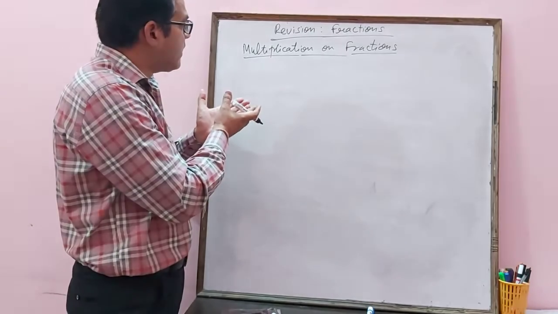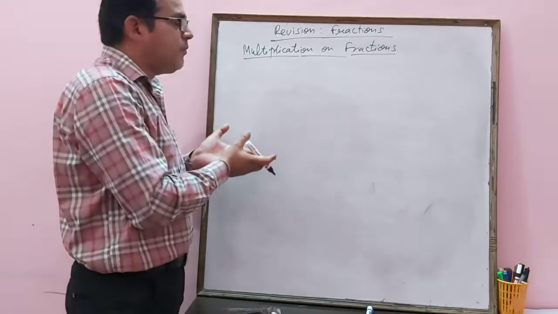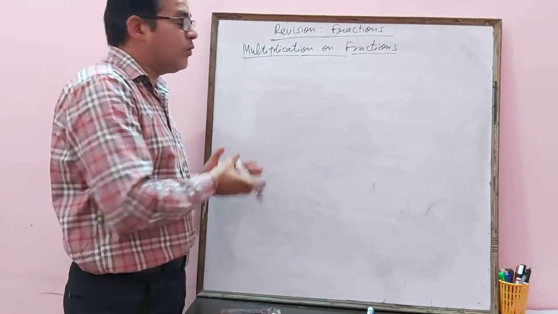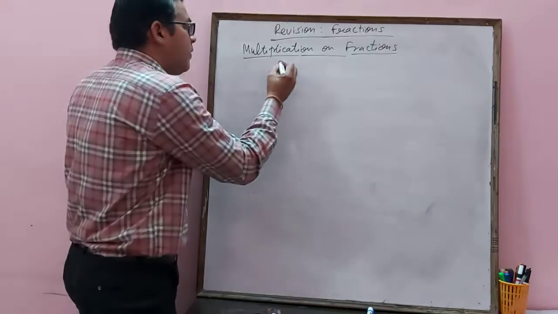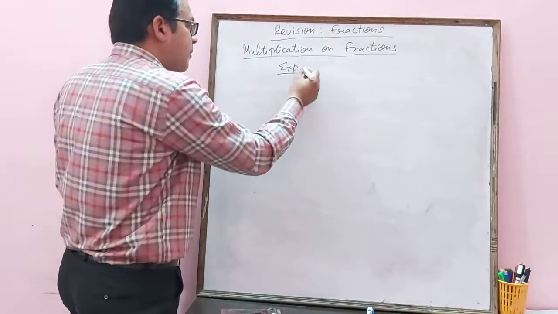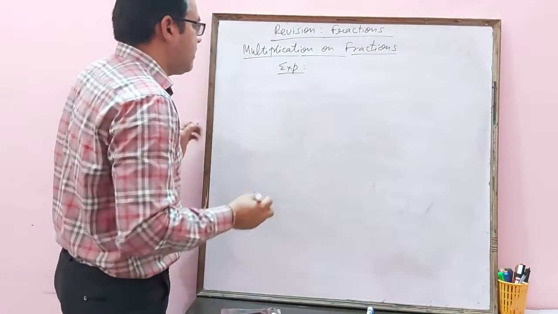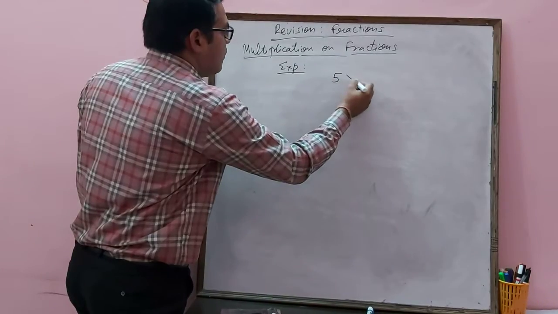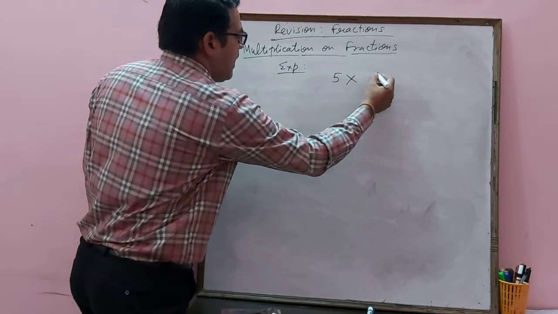So today we will discuss how we can multiply fractions. So let's start. I am taking one example here. Only with the help of examples can you easily understand. A simple example I am taking here.